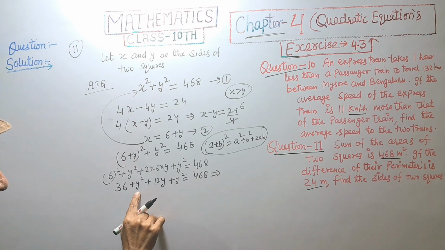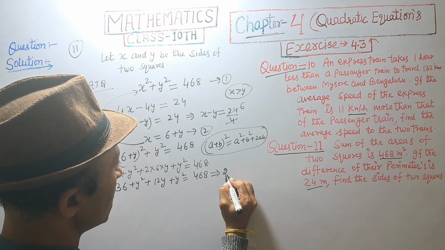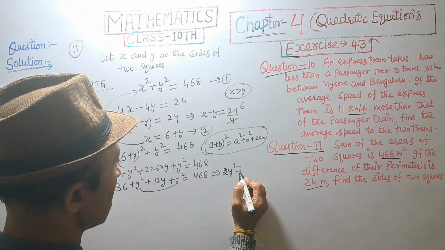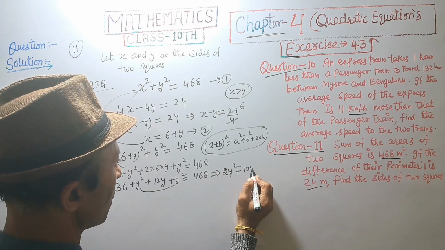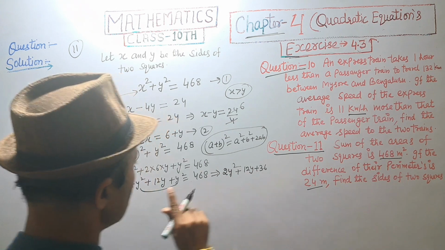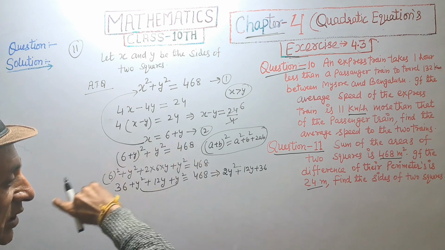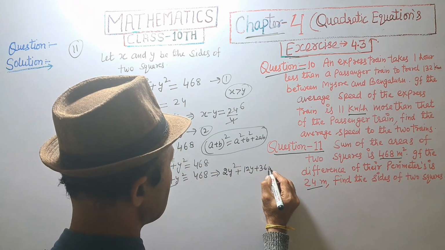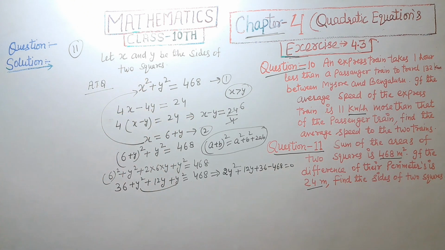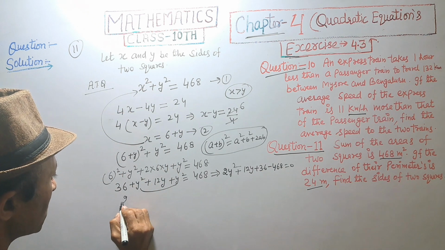This implies y^2 + y^2 is equal to 2y^2, plus 12y plus 36, and shifting this to the left side, that will be minus 468 is equal to 0.